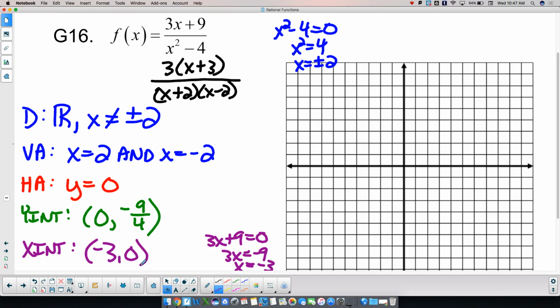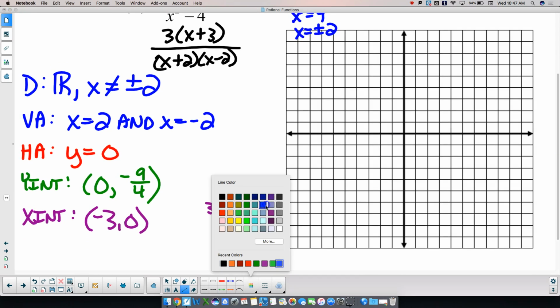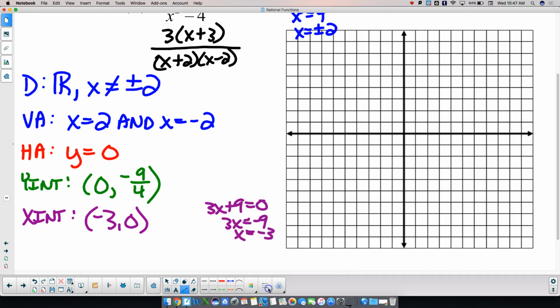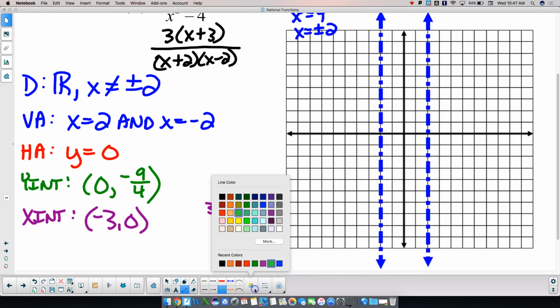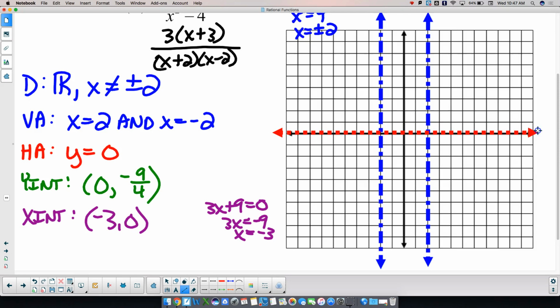Okay. So let's put some asymptotes on this graph. 2, negative 2, 0, negative 9/4 is negative 2 1/4.